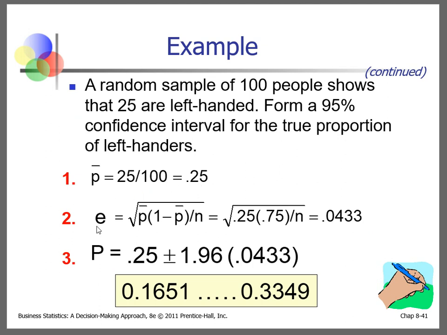And we have the standard error computed by the square root of some formula, which gives us 0.0433. And the population proportion estimate is then 0.1651 to 0.3349. And we can 95% confidently say that the true percentage of left-handers in the population is between 16.51% and 33.49%.